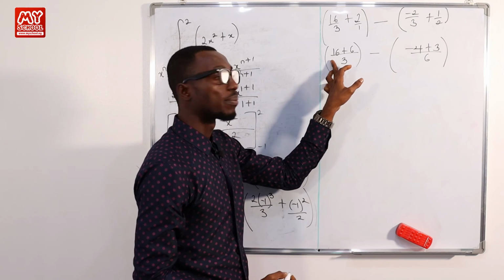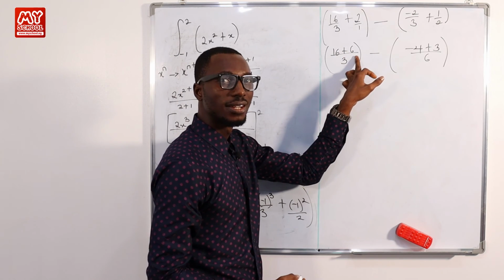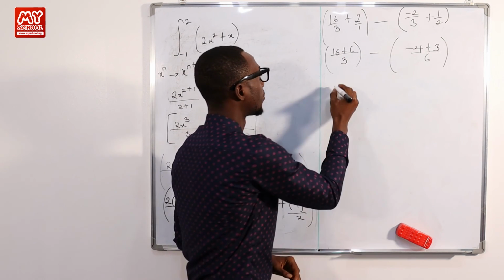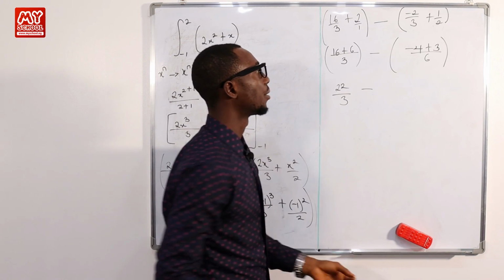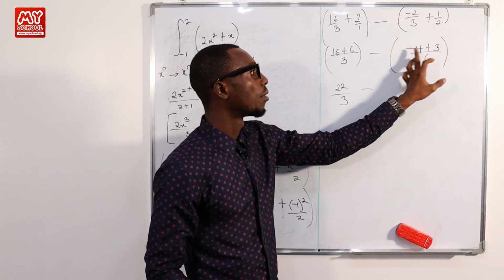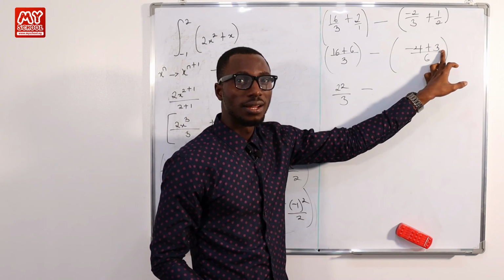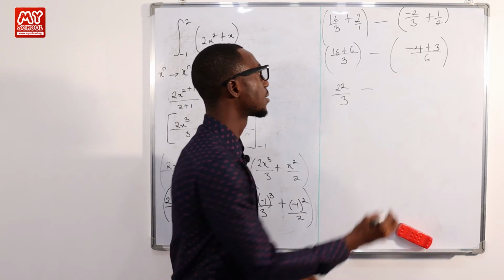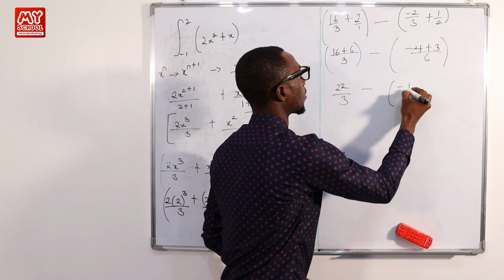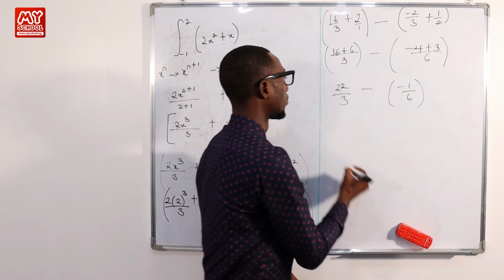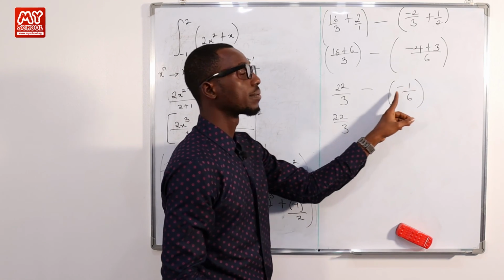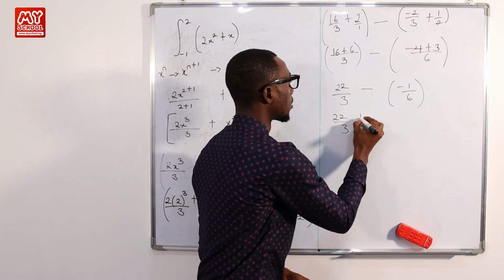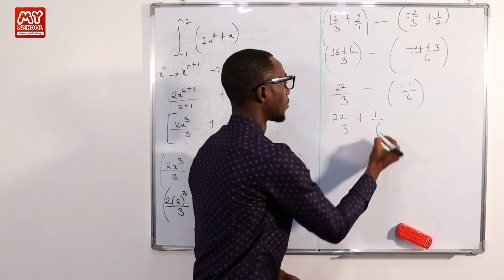So, back to the first bracket, 16 plus 6, that's 22 over 3, minus 4 plus 3, that's minus 1 over 6. So we have 22 over 3. Minus times minus, we have plus.